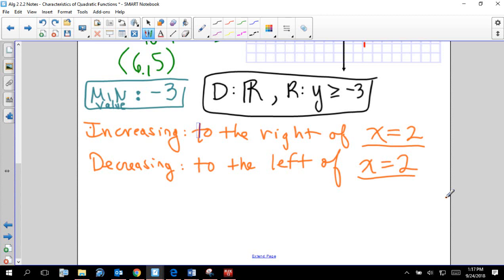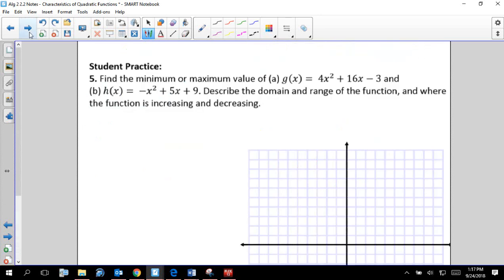So we'll try one more. And in the next question, it's actually a student practice. There's an A and a B. We're just going to do the B. What's the first thing we should do? y-intercept.